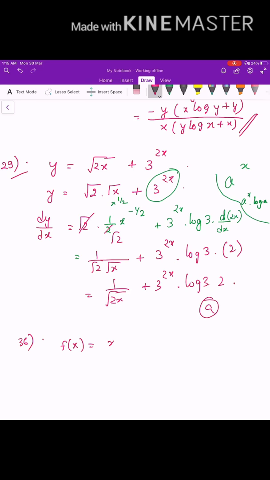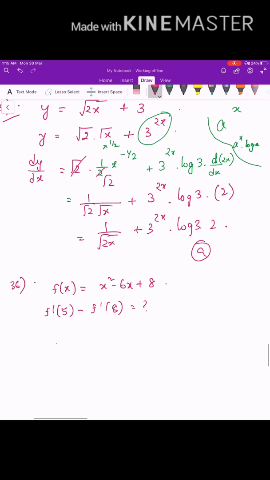If f(x) is equal to x square minus 6x plus 8, what is f dash 5 minus f dash 8? First find f dash x. First order derivative, that is 2x minus 6, right?